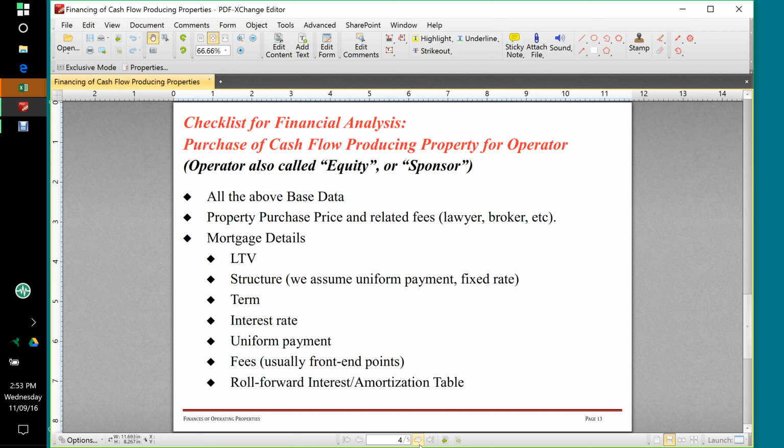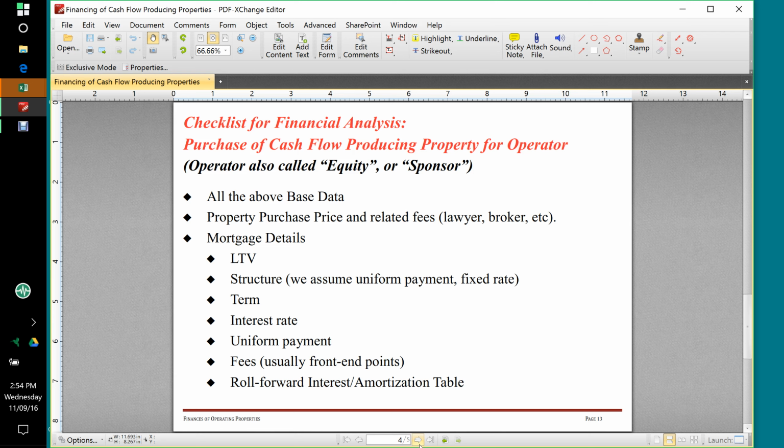Okay, so for purchasing a cash flow producing property, we need all the base data that we discussed in class, our assumptions on how we think NOI is going to grow and grow relative to revenue. We need to know about tax rates, all that stuff. We talked about that in class. It's a lot of stuff. And then we're going to have to know how much we're paying for this property and related fees.